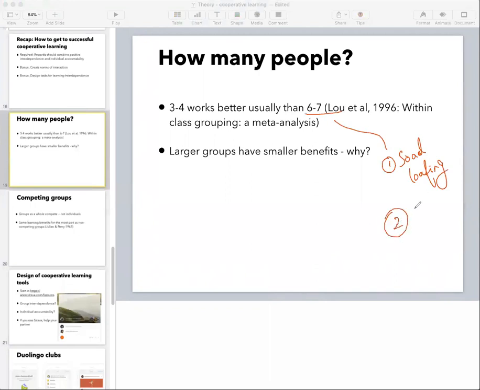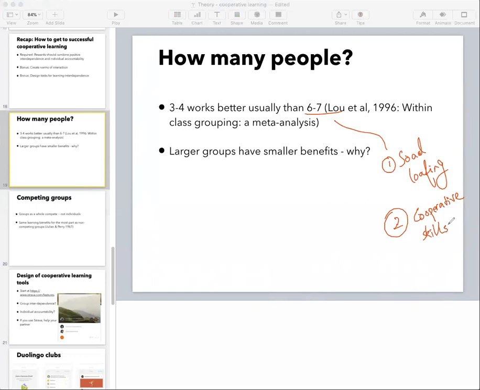Second is that people haven't developed cooperative skills, which we talked about before, especially in grade 1 through 8. We want to develop these cooperative skills, but right now we haven't done a great job of that. So people lack cooperative skills, and because of that, the larger the group, the harder it is to cooperate.